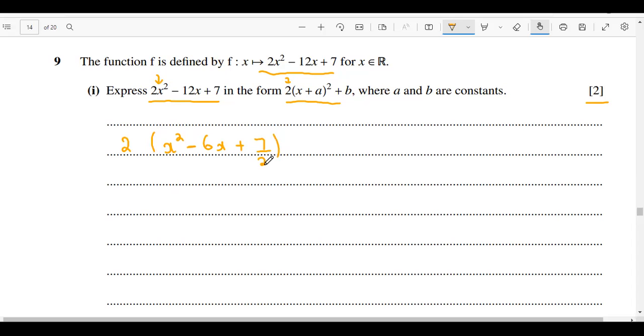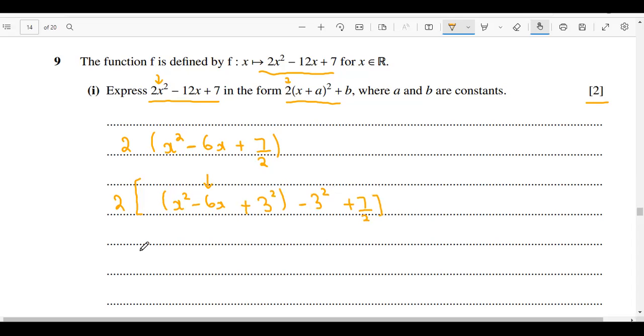Next, I am going to write it down again. 2 outside, then I have this bracket, then x squared minus 6x. Now this number is 6. I'll find the half of 6, that is 3. So I am going to add 3 squared and I am going to subtract 3 squared. Plus 7 by 2 was there already.